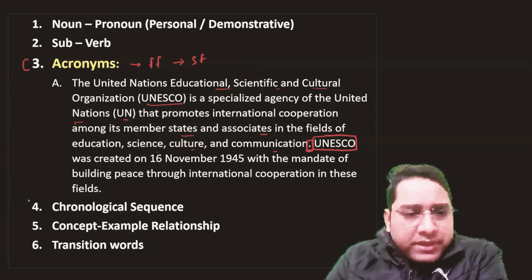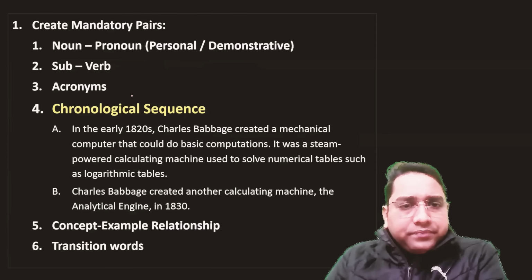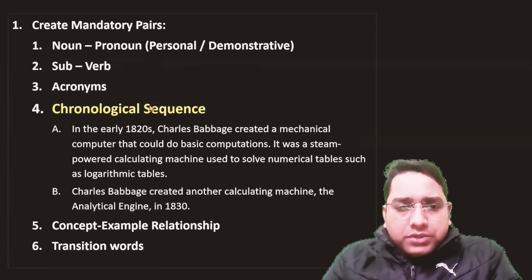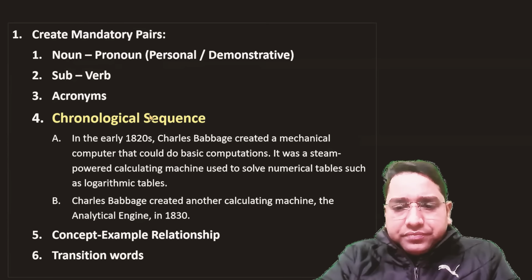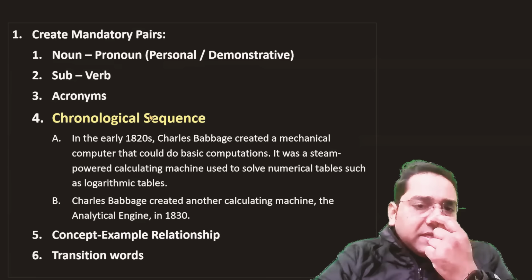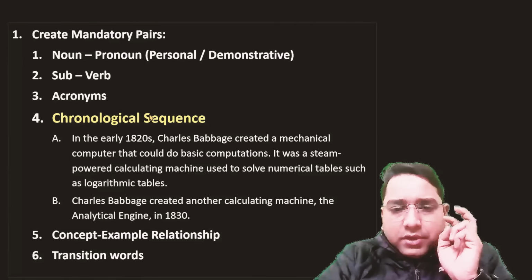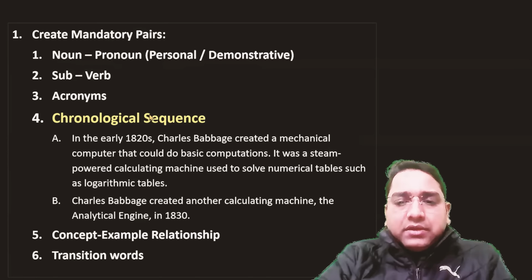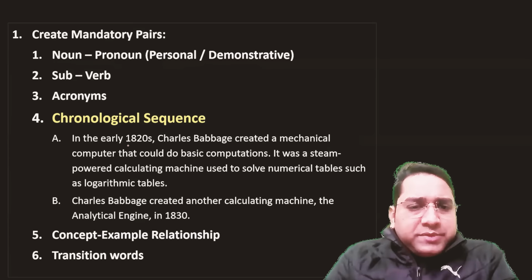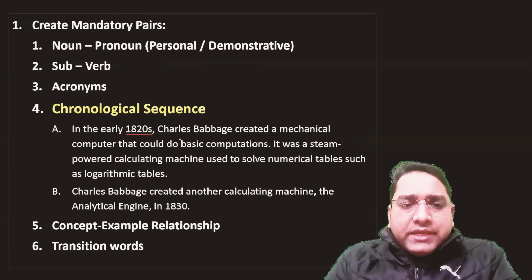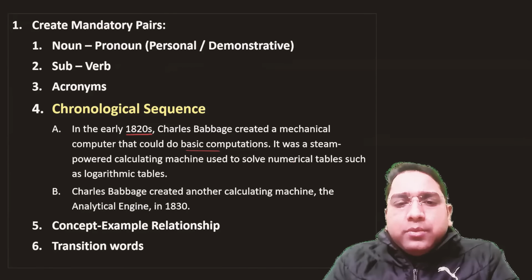Let's explore what it means. See, chronological simply means that in any statement or in any paragraph, years or dates are given, right? So it's common sense. Basically, let's say in the early 1820s, Charles Babbage created a mechanical computer that could do basic computations.